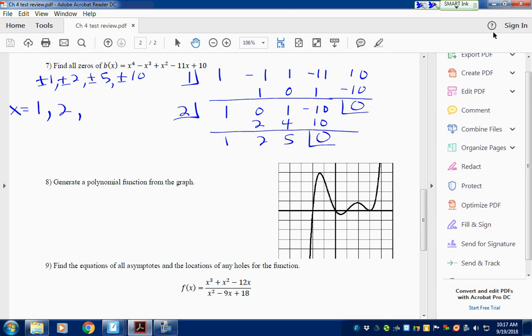And here, it looks like we have x squared plus 2x plus 5. Set that equal to 0. That's not factorable. So we're going to have to use the quadratic formula. It says x equals opposite of b, so negative 2 plus or minus square root of b squared, which is 4, minus 4 times a is 1, c is 5, all over 2 times 1. This simplifies pretty nicely. 4 minus 20 is negative 16.